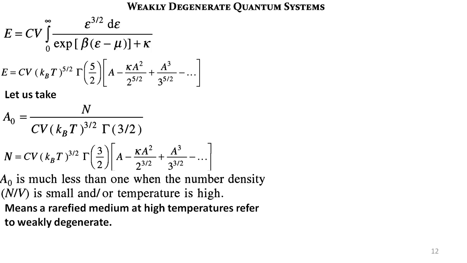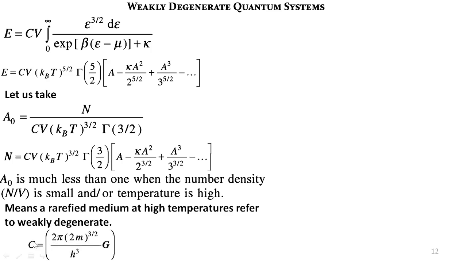These systems are somewhere in between the pure classical system and the strongly degenerate quantum mechanical system, where quantum effects are very dominant. In these systems the quantum effects are there, but not as dominant as in strongly degenerate systems. That's something crucial we should notice here. This is why we discuss them separately, weakly degenerate quantum systems.